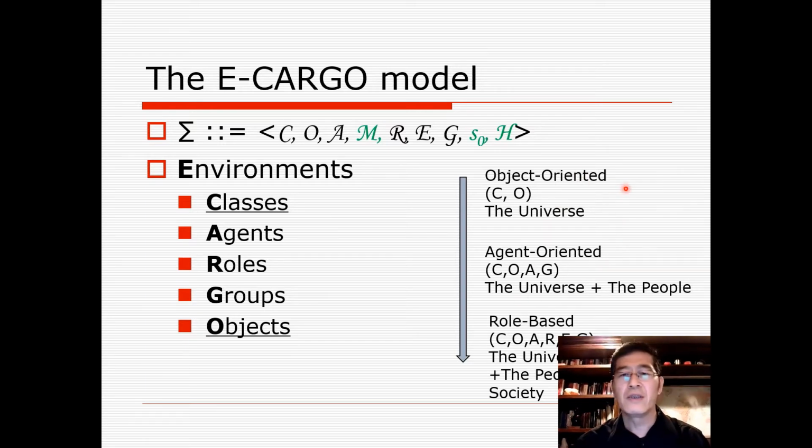It was developed through object orientation. Object orientation mainly discusses classes of objects. Agent-oriented programming or methodology provides two more, agents and groups, a group of agents. And for role-based collaboration, we provide two more components, called environments and roles.